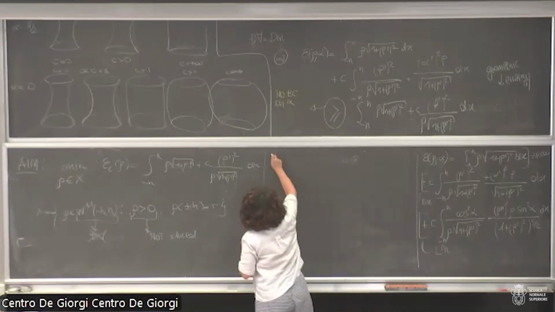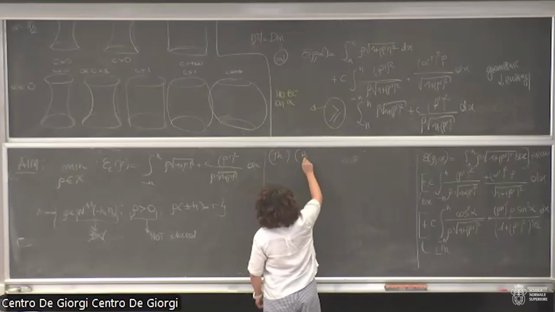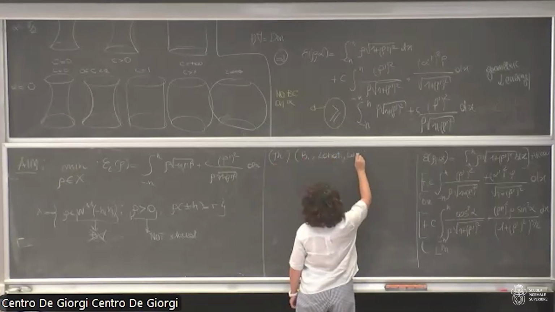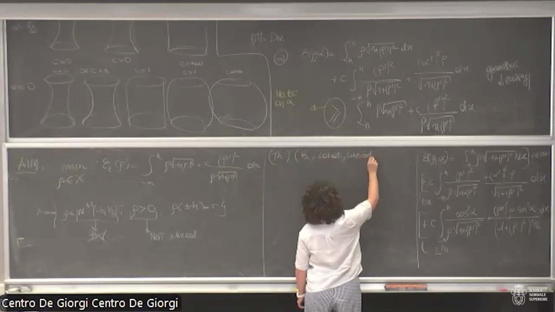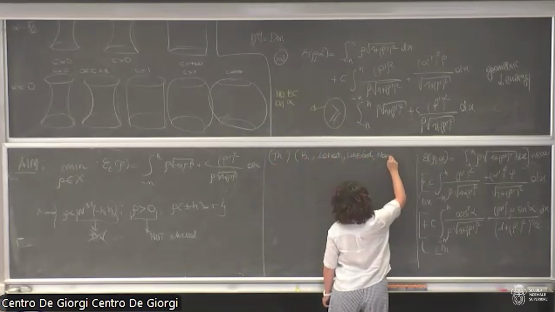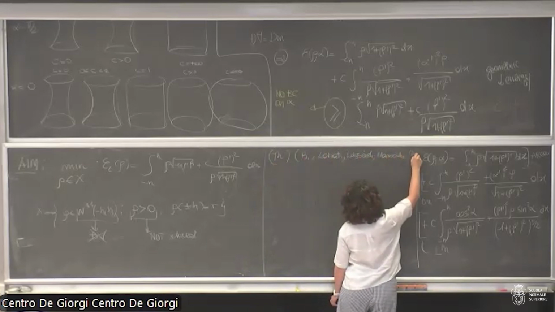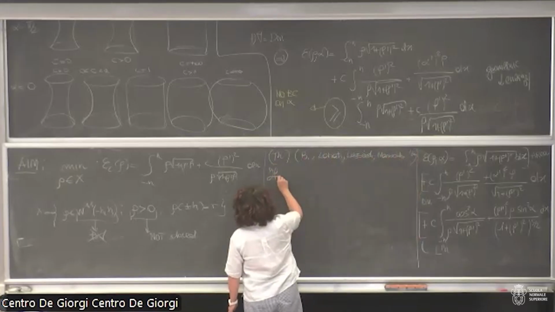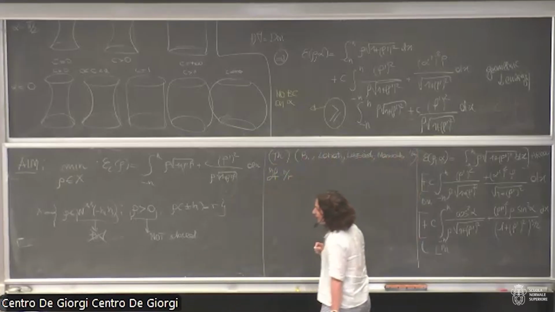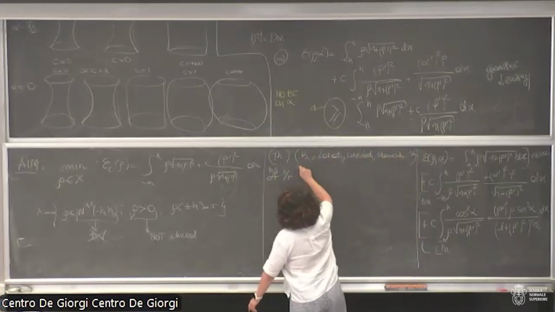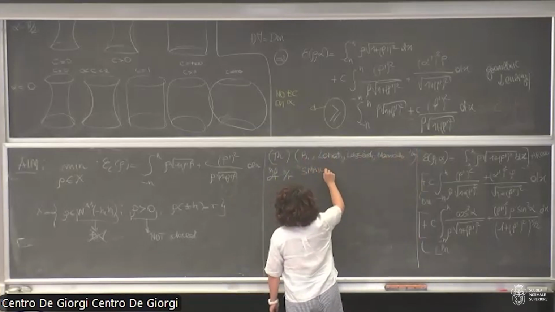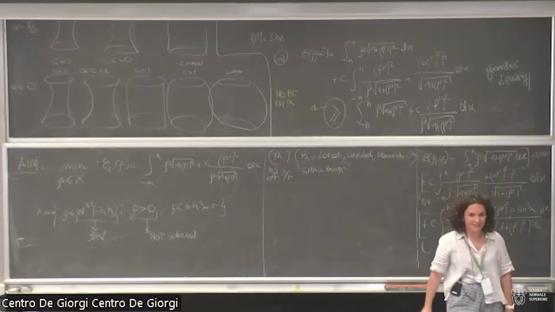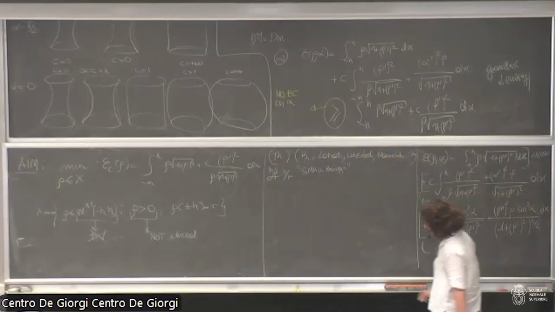Which is our theorem? Okay, our theorem says if the ratio between H and R is small enough, now I'm right in this form. I will be clear in a moment.